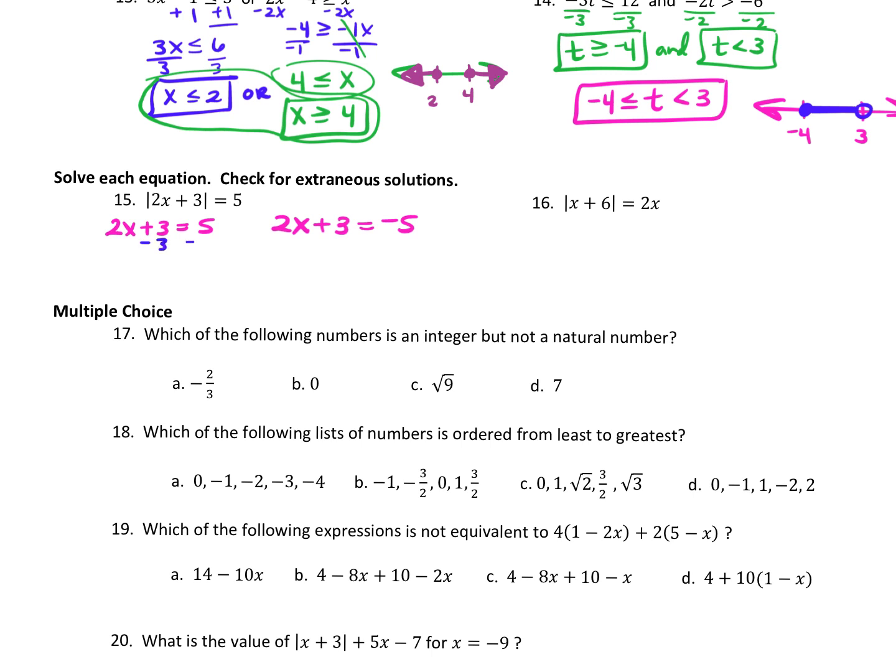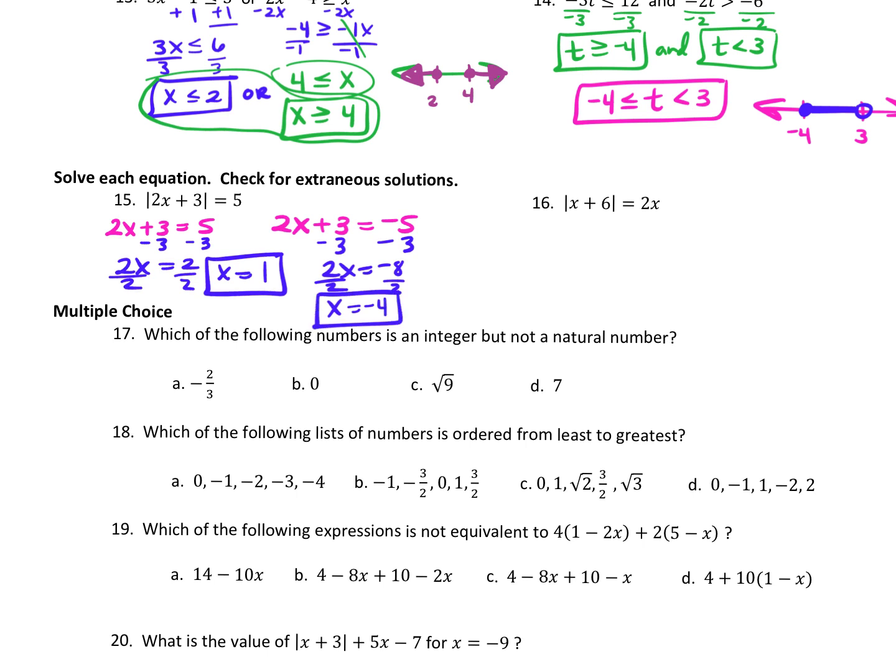So you're going to take away 3. So 2x equals 2, divide by 2, so x equals 1. Then you're going to subtract 3 here. So 2x equals -8, and divide by 2, so x equals -4.